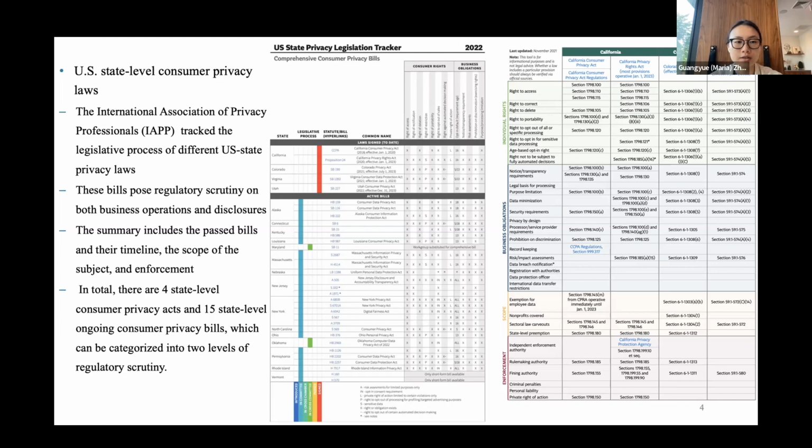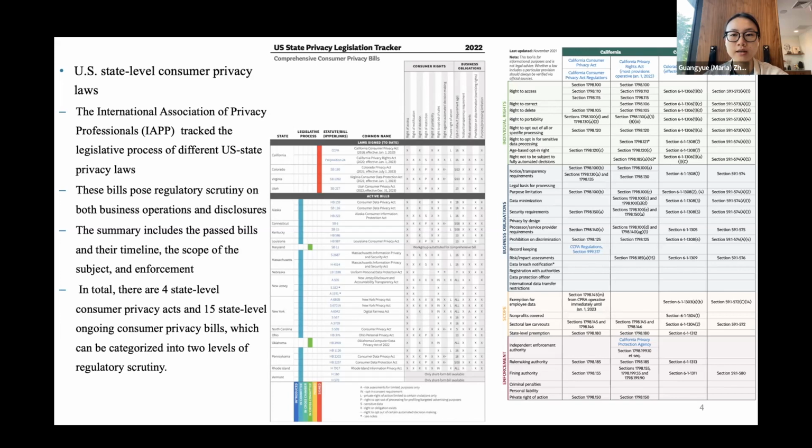The legal proceedings of different U.S. state level privacy laws are tracked by the International Association of Privacy Professionals. It tracks the legal proceedings of these laws, and the bills of these state level laws mostly pose regulatory scrutiny on both business operations and disclosures of consumer privacy. The summaries that the IAPP provides include the consumer's rights and also business obligations.